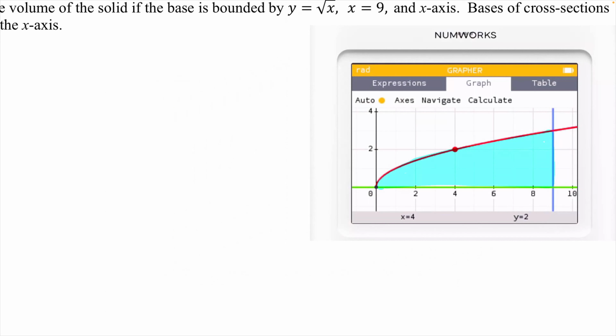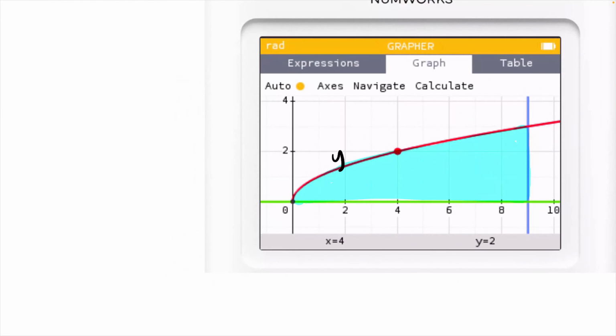It's not going to revolve around anything. That was disk and washer. It's not going to revolve around the x or the y or anything. So we have the red on mine is y equals square root of x, the green on mine is y equals 0, and then the blue is x equals 9.